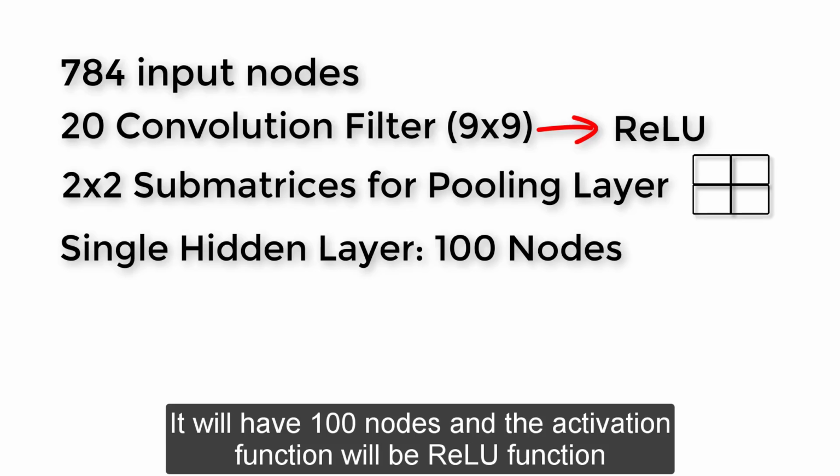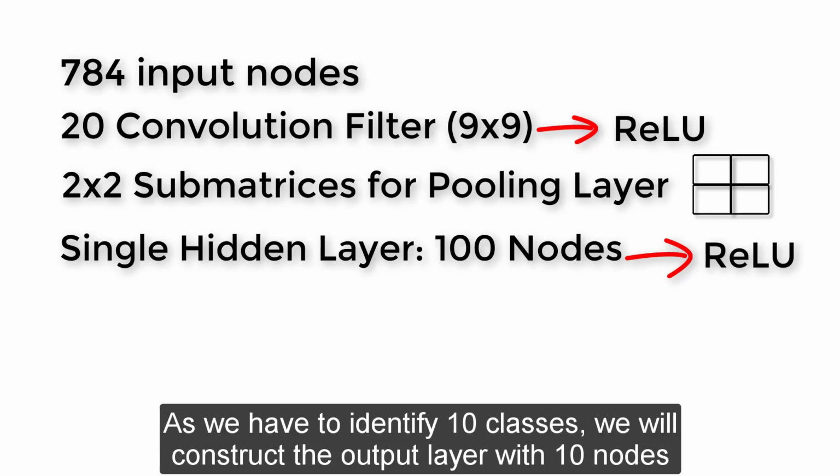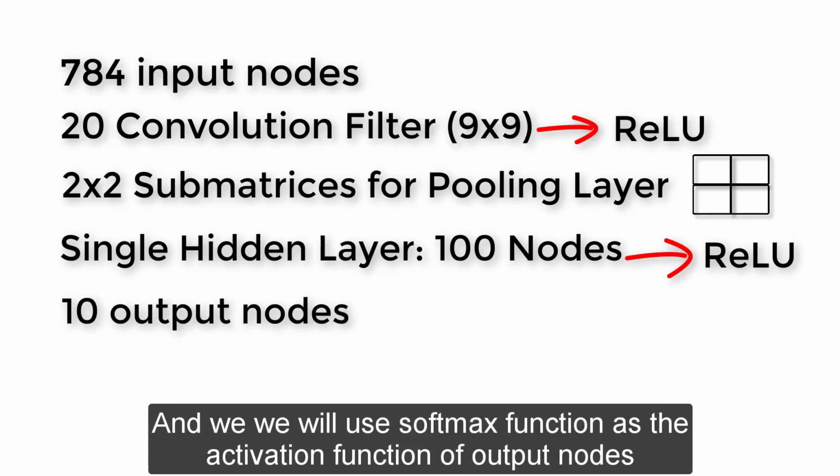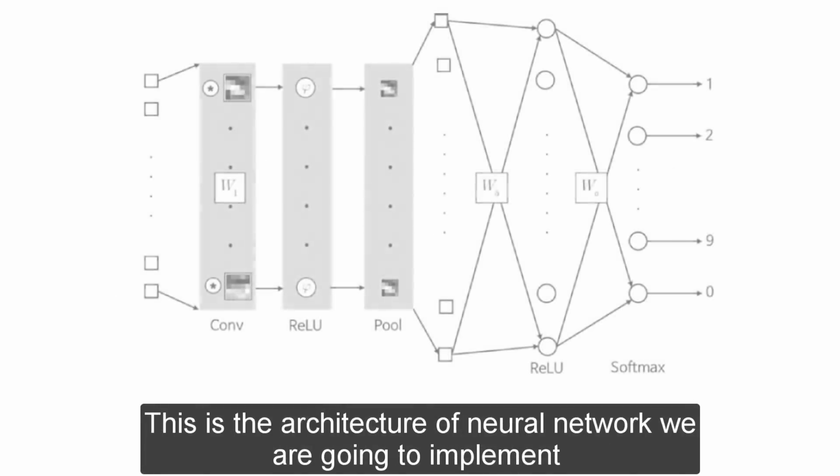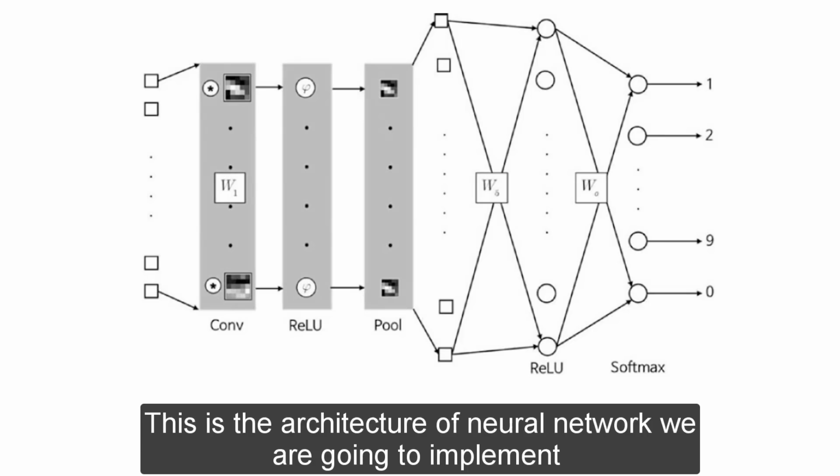It will have 100 nodes and the activation function will be a ReLU function. As we have to identify 10 classes, we will construct the output layer with 10 nodes and we will use softmax function as the activation function of output nodes. This is the architecture of the neural network we are going to implement.